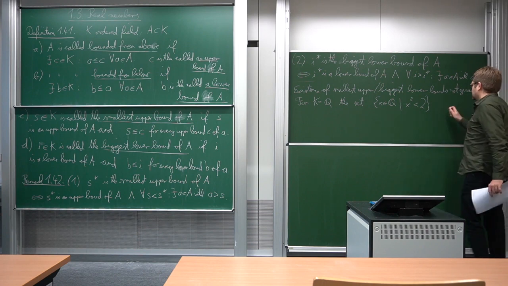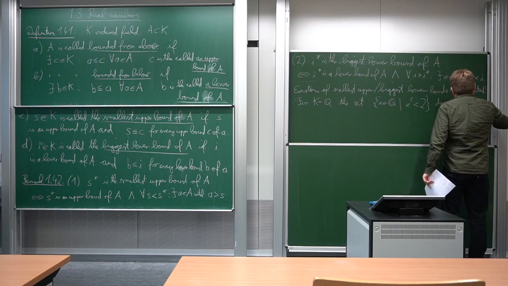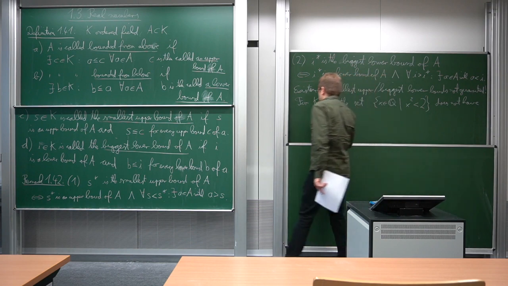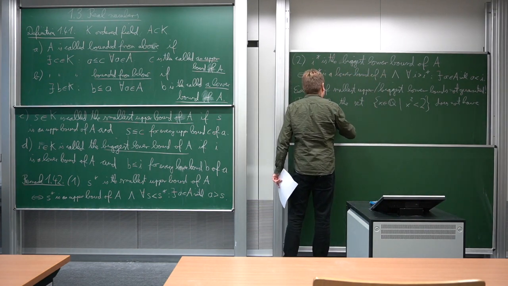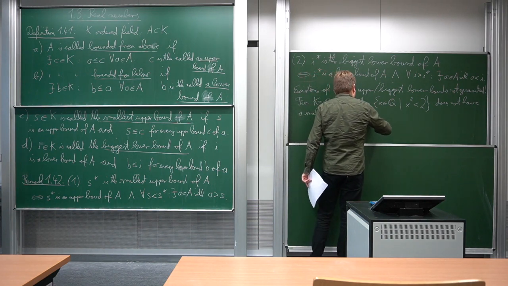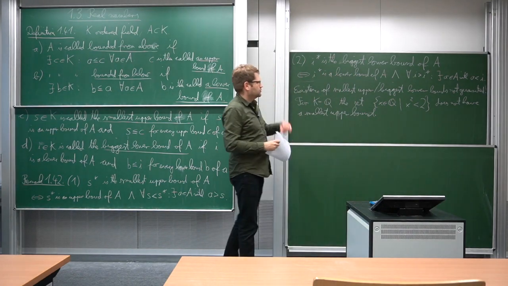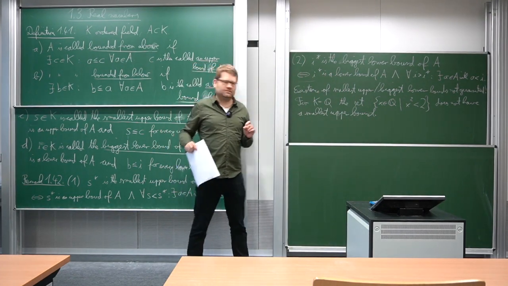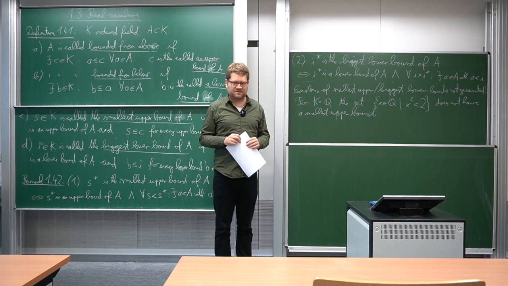So this set does not have a smallest upper bound. This is a translation into precise mathematics of the fact that some numbers are lacking in Q. So Q is not big enough for our purposes.